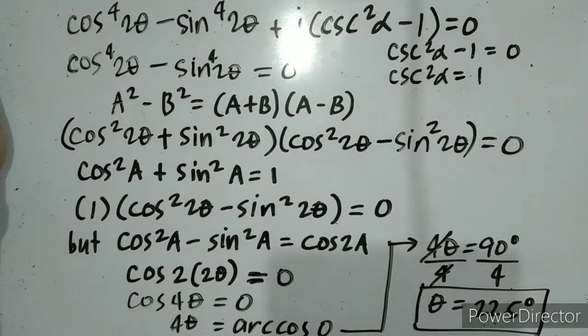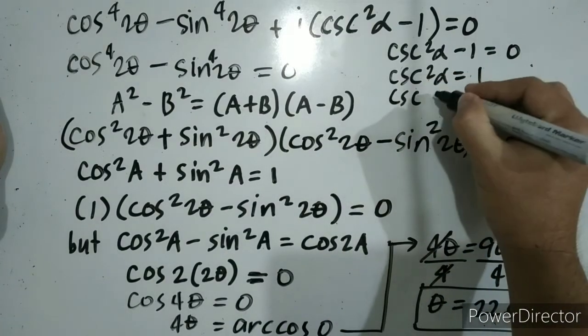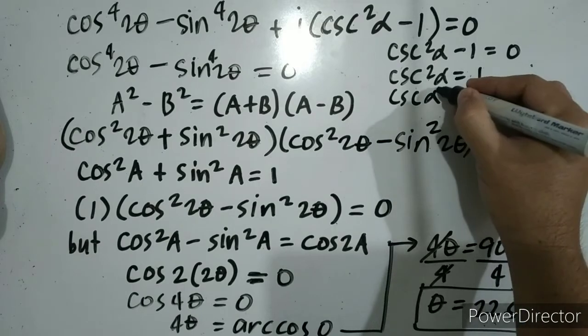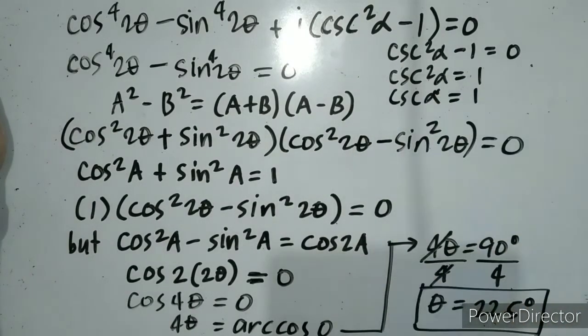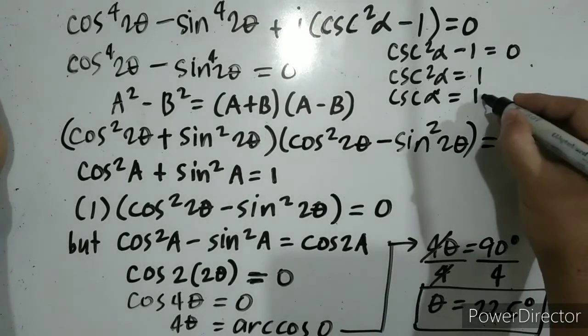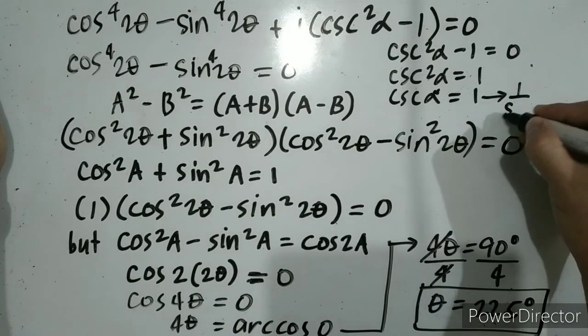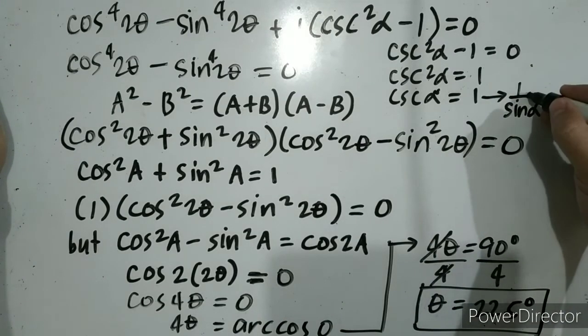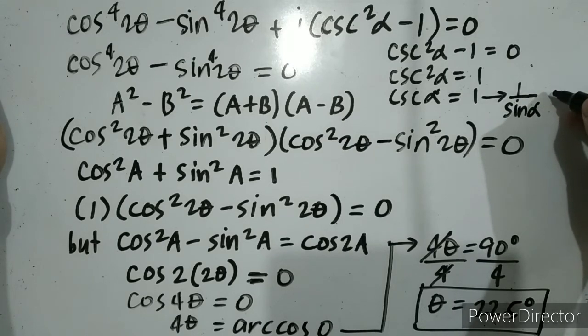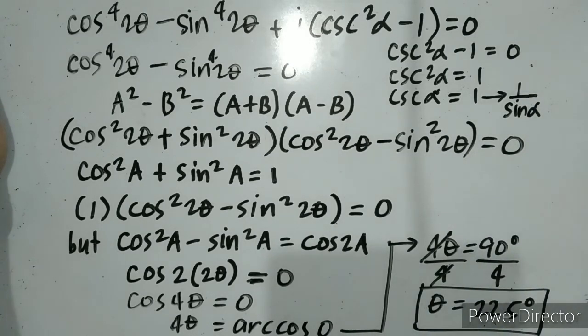Taking the square root of both sides, cosecant alpha equals 1. Square root of 1 is 1, right? But what is cosecant alpha? Cosecant alpha is simply equal to 1 over sine of alpha. It is the reciprocal of sine. So 1 over sine alpha is equal to cosecant alpha, which is equal to 1.